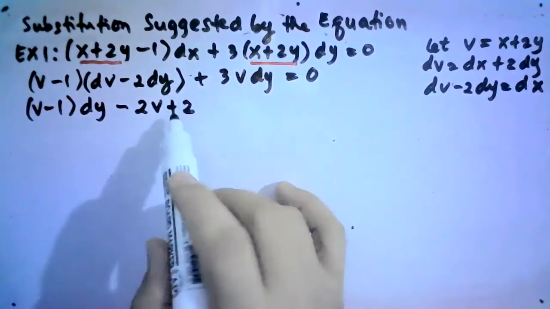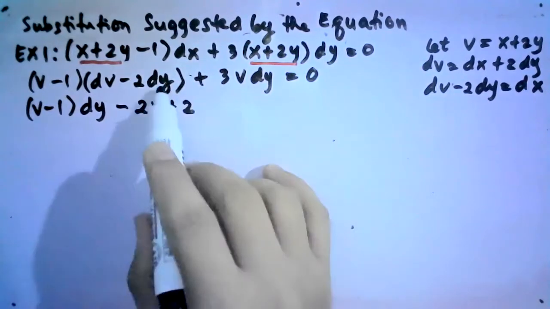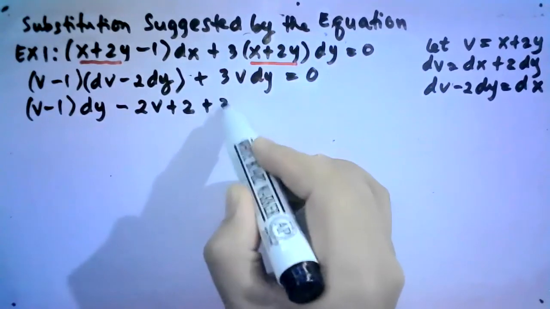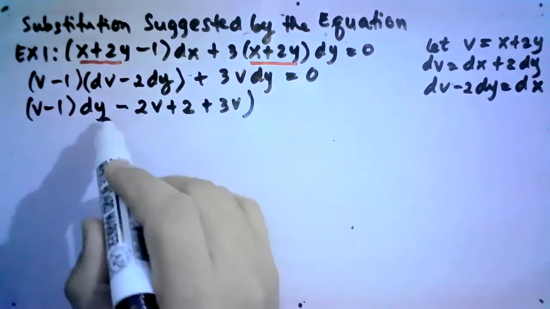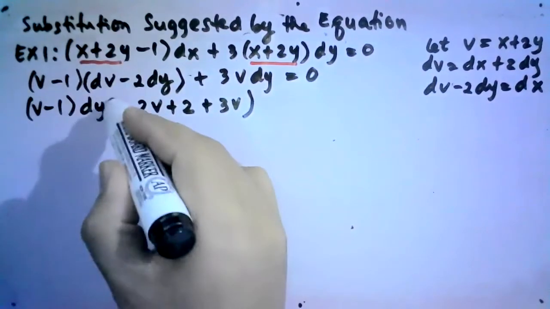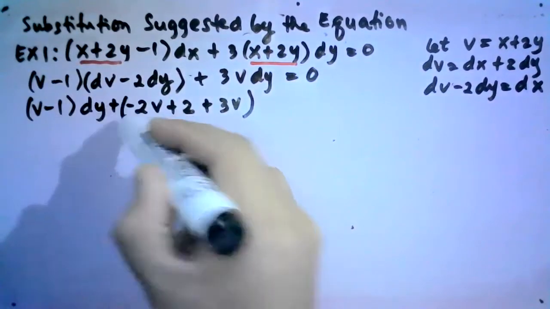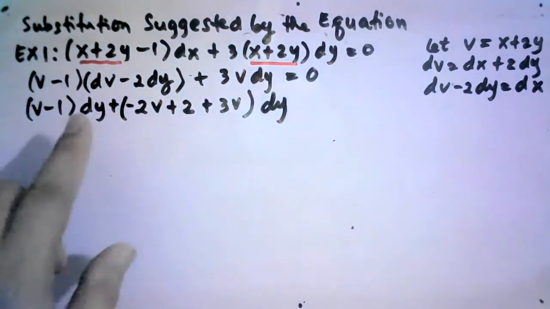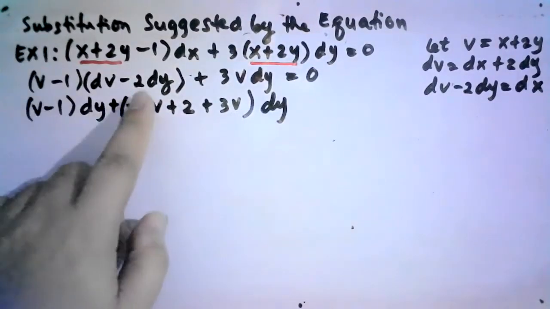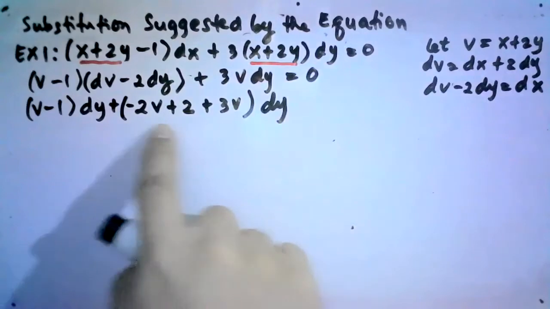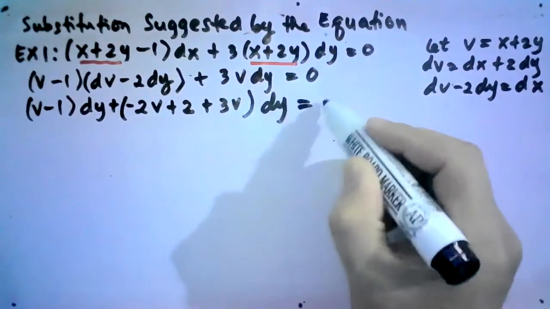Since they are both dy, I will just continue plus 3v dy. So I'll combine the result of v minus 1 times negative 2 dy and 3v dy. This is now the result, which is equivalent to 0.